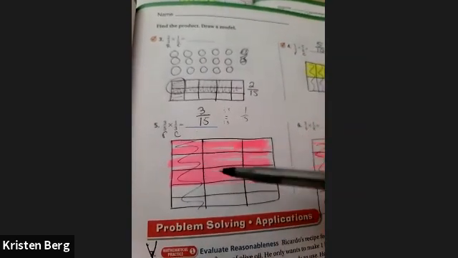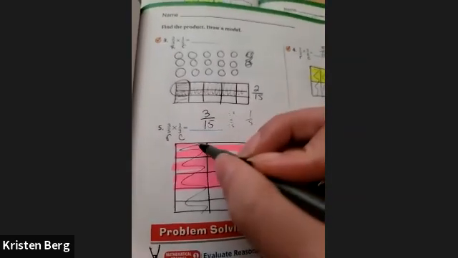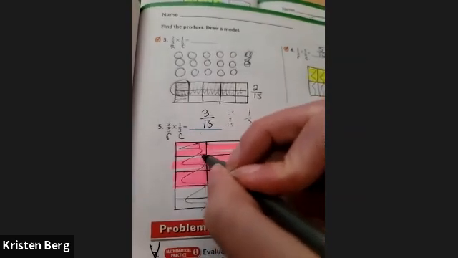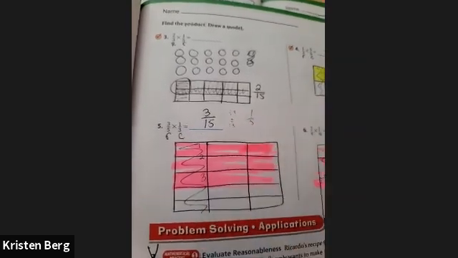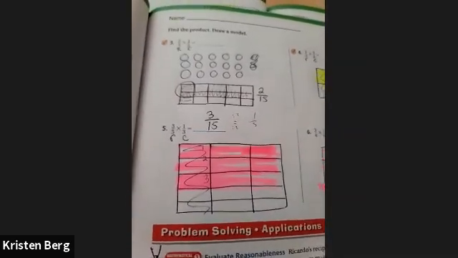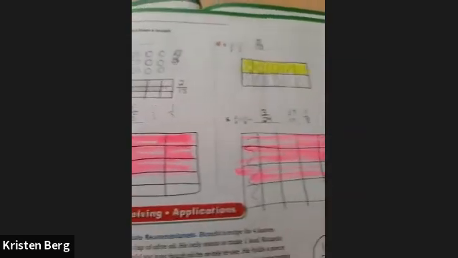And how many are shaded? 3 of them are shaded. So what is overlapping both colors? This one would have been 1, 2, and then this one would have been your third, out of a total of 15 boxes. So that is 3/15. If you want to reduce it down, it would have been 1/5.